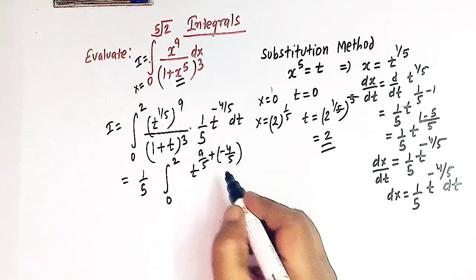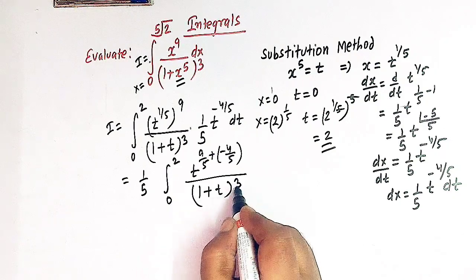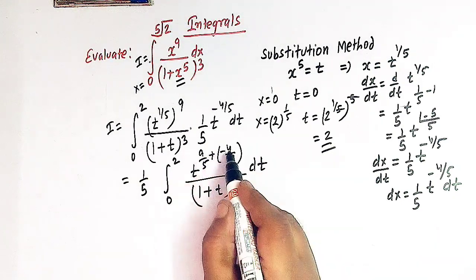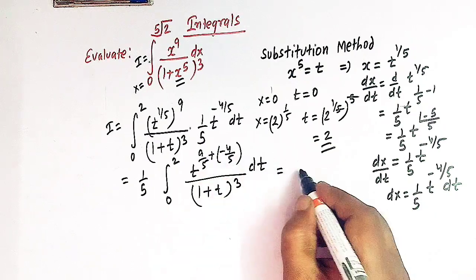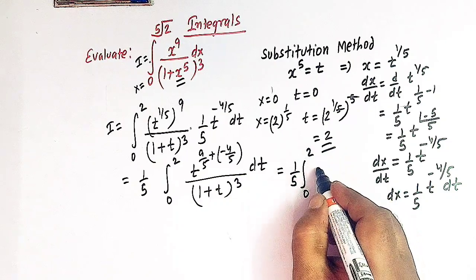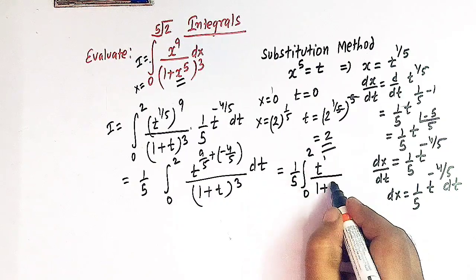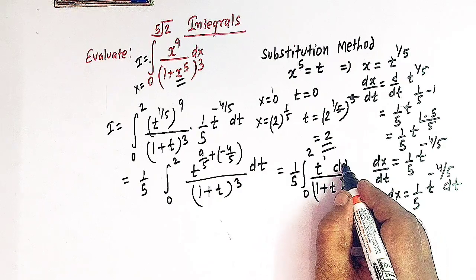So 9 minus 4 is 5, 5 over 5 is 1, so we have simply 1 over 5, integral from 0 to 2, t raised to 1 over (1 plus t) raised to 3 dt.